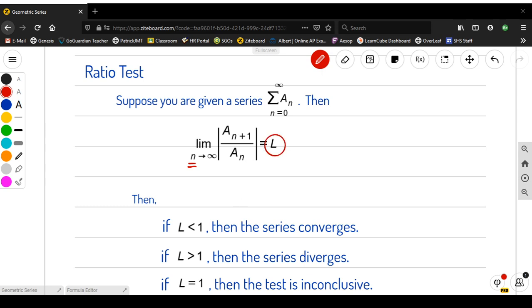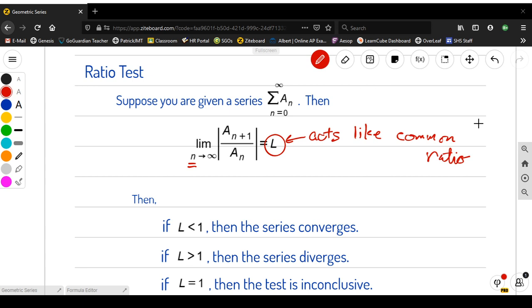Where we use the term ratio is with geometric series, right? So L basically acts like a common ratio as you go out many terms. It's saying, does this series start to behave like a geometric series? Does it start to appear that there is a common ratio between 2 successive terms? Does it act geometric as you approach infinity?